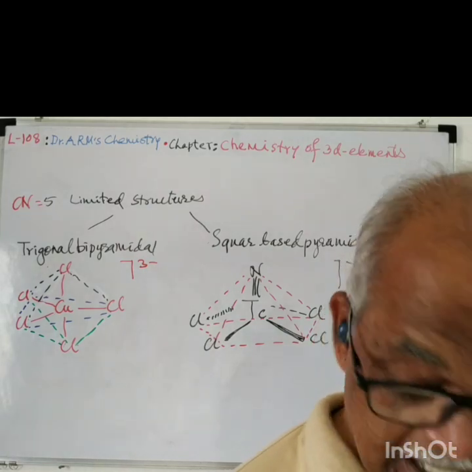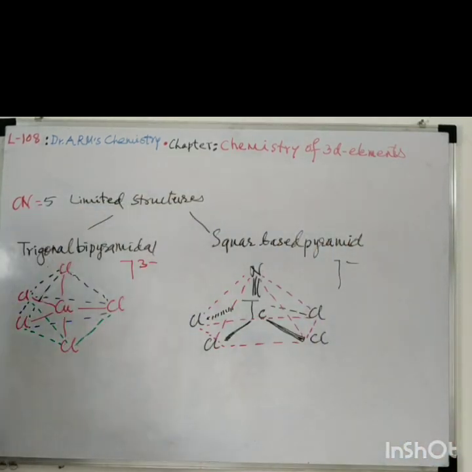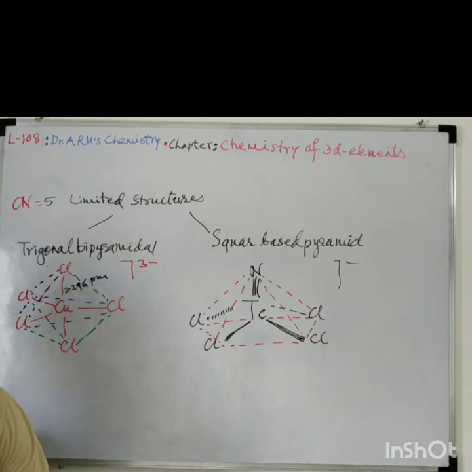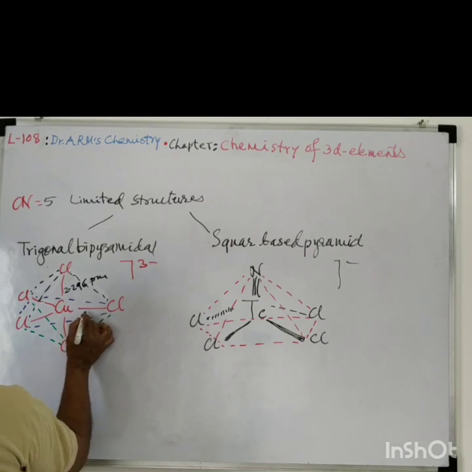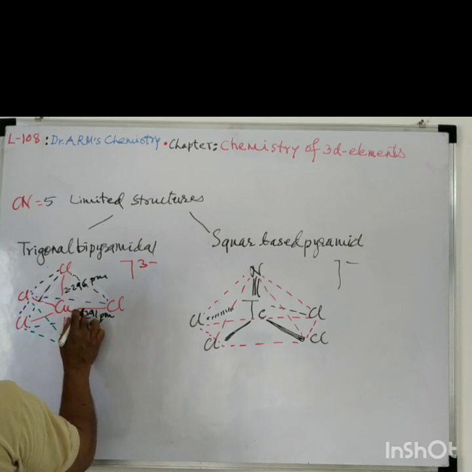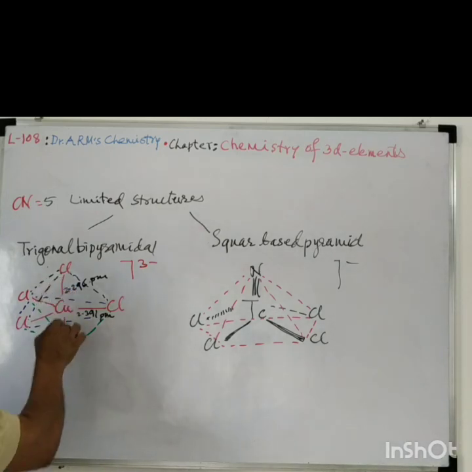Here we will find that in this structure the axial distance is 2.296 pm, whereas this distance is 2.391 pm. So there is a slight difference in the axial Cu-Cl distance.